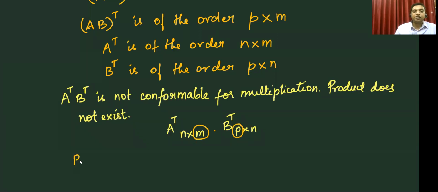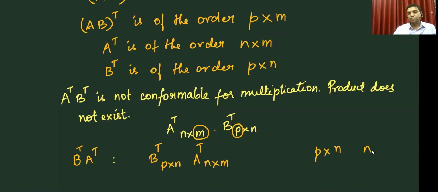However, B transpose A transpose will exist. Yes, because the N and N match. In a product, we don't say cancel. You see, the number of columns of the first matrix will be equal to the number of rows of the second matrix.